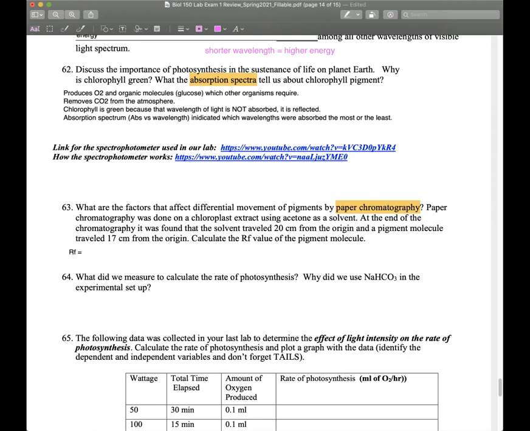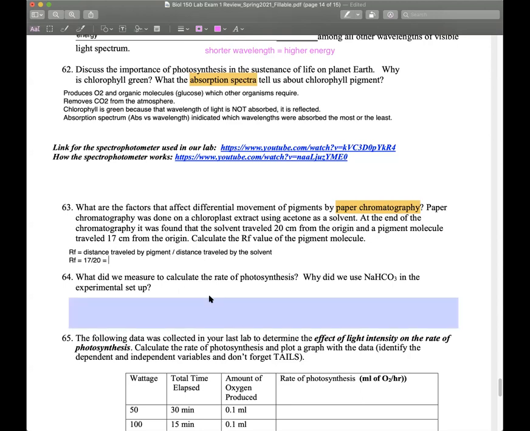Divide 17 by 20. Yeah, exactly. So it's the distance traveled by the pigment, which in this case is 17, divided by the distance traveled by the solvent. So what does that come out to, Ephraim?